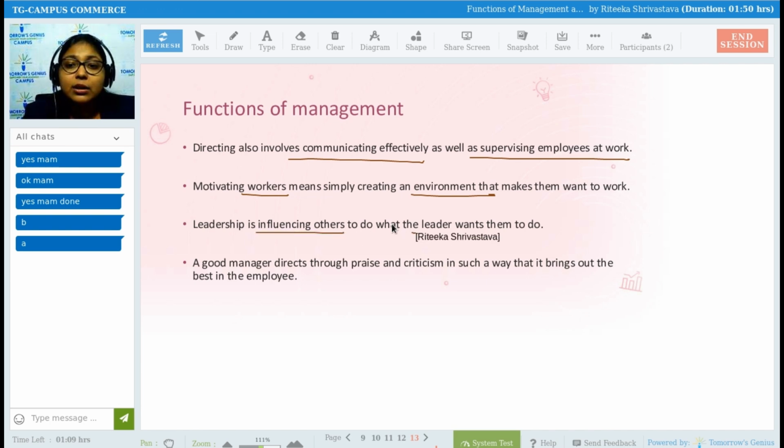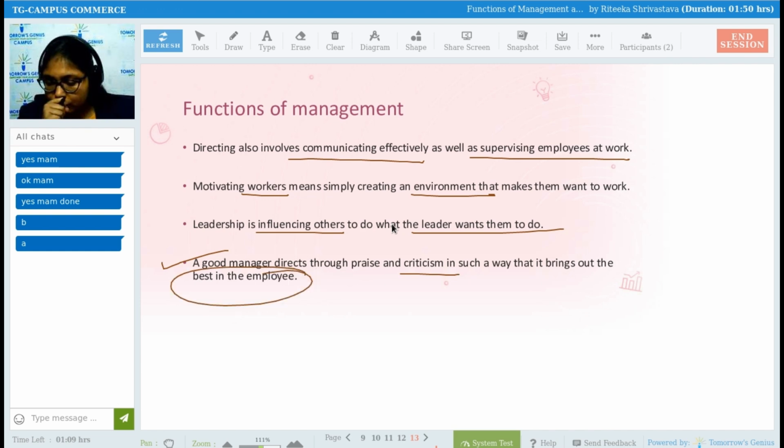Leadership is influencing others to do what the leader wants them to do. A good manager directs through praise and criticism in such a way that it brings out the best in the employee. So, who is a good leader? A good leader is a person who will encourage and motivate the subordinates and also give them feedback. Not necessarily every time will he give you good feedback only. At times he will criticize also, he will give you negative or bad feedback.